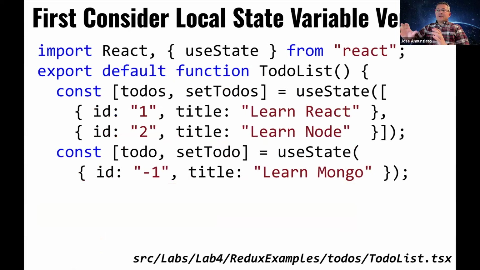All right, so let's take a look at a more extended example on how you would use both useState, using local state variables, and then look at an alternative implementation using Redux. First, we'll implement it using a local state variable, useState, and see how this would be implemented using just plain old useState.